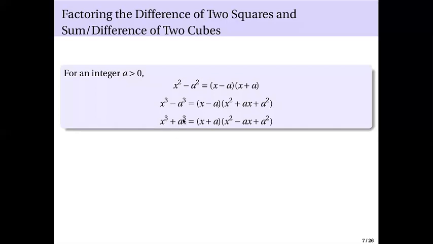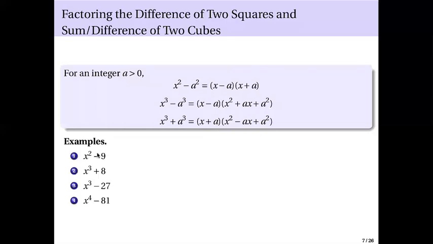For x cubed plus a cubed, the first factor is also plus, and in the second factor you have alternating signs: plus, minus, plus. Same strategy: square of the first, plus or minus the product of the two terms, then plus the square of the second.